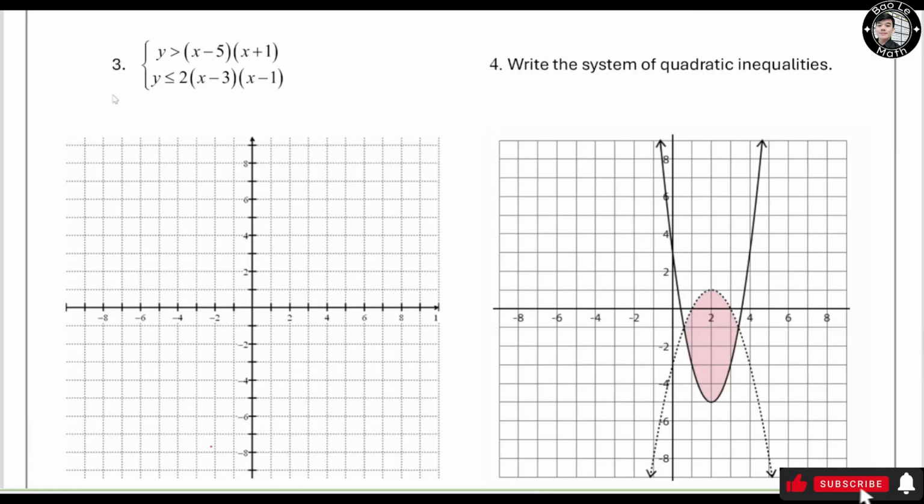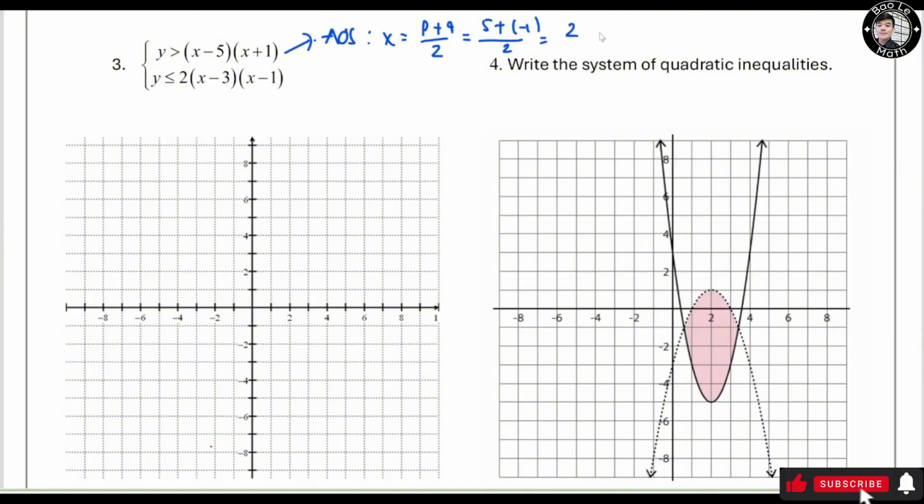Now, number 3, we're going to talk about the intercept form, right? So we need to find the axis of symmetry for the first one right here. x equals (p plus q) divided by 2, right? We need to change the sign of this one, so -5 becomes 5, right? 5 plus, this 1 becomes -1, divided by 2, so it's going to be 2, right?